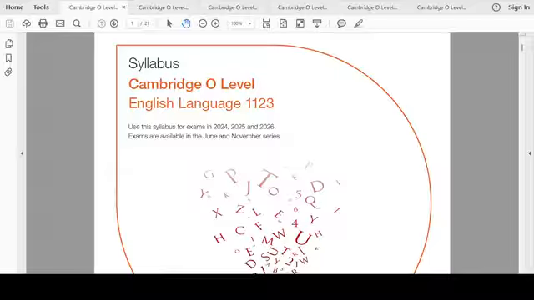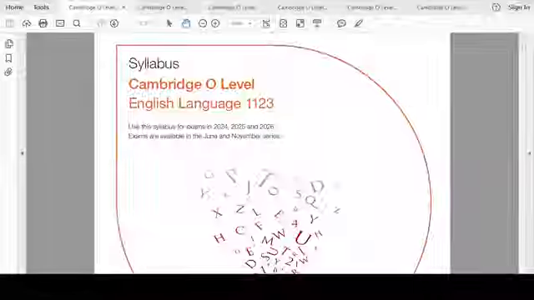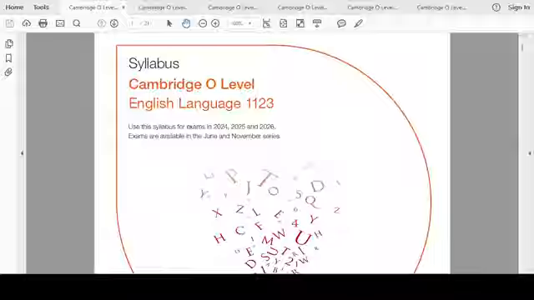There's more than one way a directed writing task. In fact, Cambridge itself, pre 2024, the directed writing task was very different. Now they've changed it, so that itself is evidence that there's more than one way this can be done, but they're asking you now to do it a specific way. So it is a test of skill within the boundaries of the syllabus requirement.